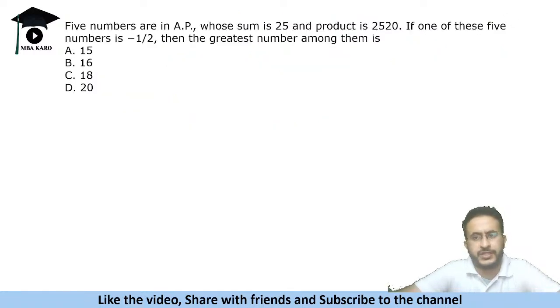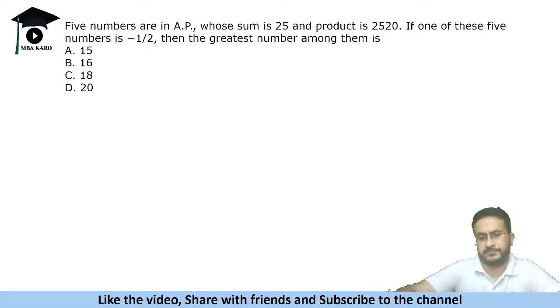Okay, next question is on arithmetic progression. It says that there are 5 numbers in arithmetic progression. Their sum is 25 and product is 2520. If one of these numbers is minus 1 by 2, you need to find the greatest number among these 5 numbers.